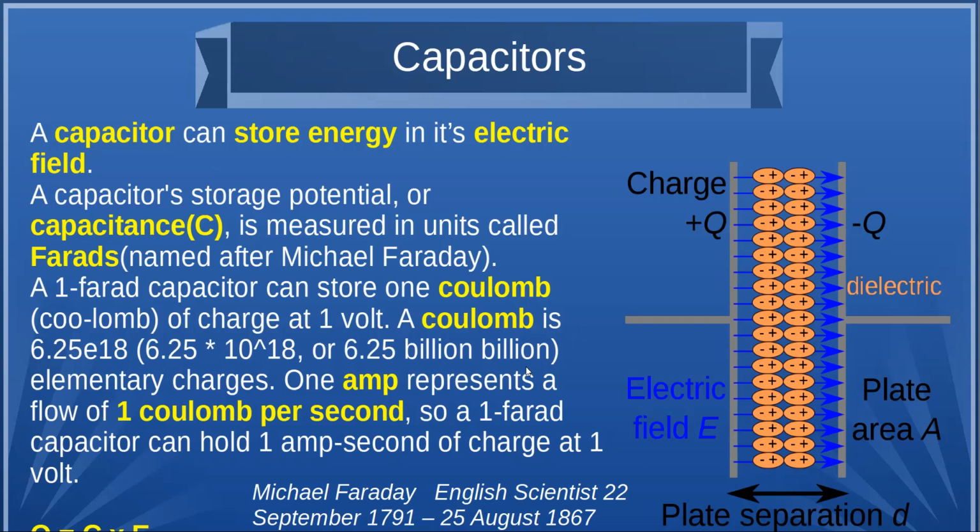And the amp represents the flow of 1 coulomb per second. So a 1 farad capacitor can hold an amp second of charge at 1 volt, which is how we come up with the charge is equal to the capacitance times the voltage.